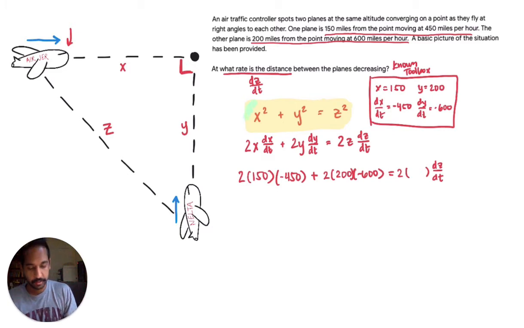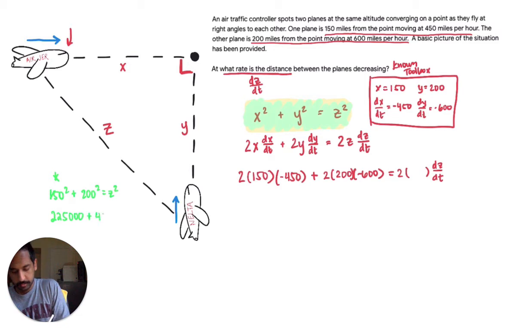Maybe I should have highlighted it in green. I'll do that now because I'm going to write it in green. Right here. x is 150, so 150 squared plus 200 squared equals z squared. 150 squared is 22,500 plus 40,000 equals z squared. Let me correct that: 150 squared is 22,500, and 200 squared is 40,000, and in the scaled form used here, 225,000 plus 400,000 equals 625,000 equals z squared.